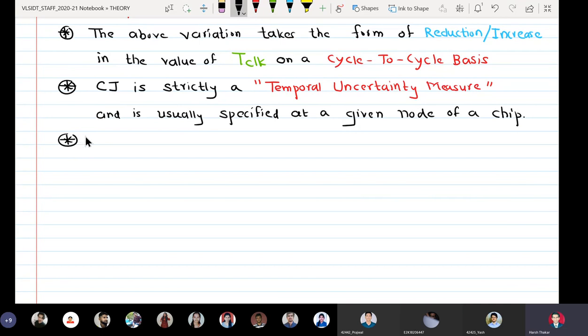Now, jitter is a zero mean random variable.